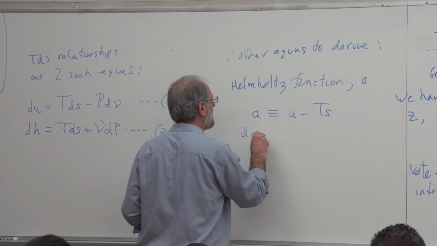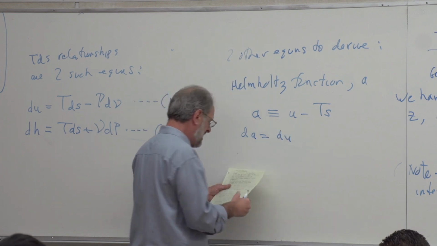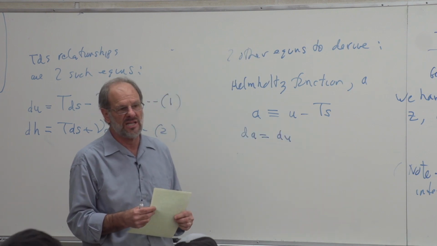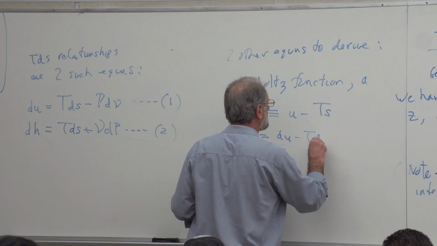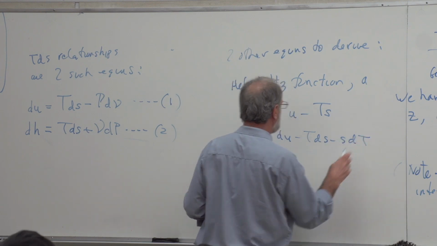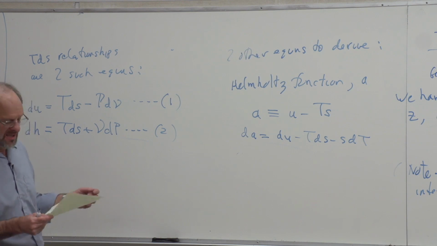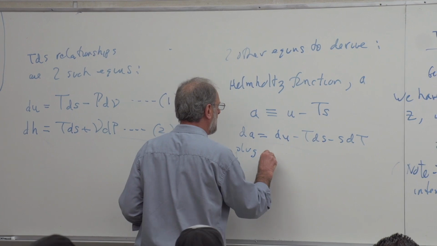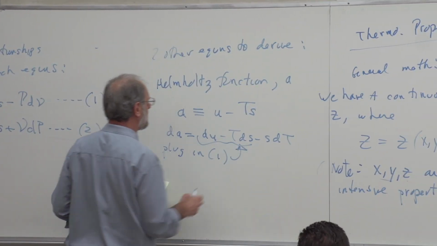So da is going to equal, well, du. And then here we have to use the chain rule, right? So this is going to be minus TdS and then minus SdT. So minus TdS minus SdT. Okay, so that's how we take a derivative of this type. And then what I want to do is plug in equation 1 into here.